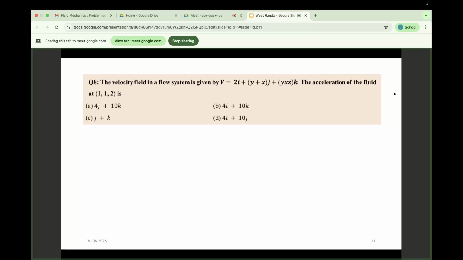So in this question, what is given? The velocity is given, right? I'm changing the color to another one. Two components are given. As I have said, it's a function of u, v, w in three directions. So what is u here? u is 2, v is x plus y, and w is x, y, z.